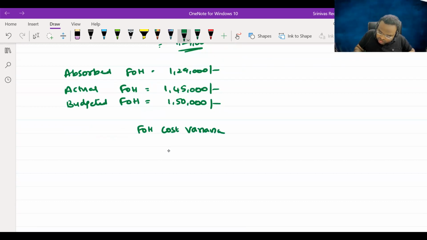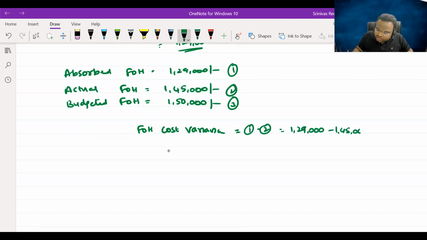Don't think about 1, 2, 3. Fixed overhead cost variance is the difference of absorbed fixed overhead, that is fixed overheads allowed for actual production, minus actual fixed overheads. 1 minus 2. 1,29,000 minus 1,45,000. So 16,000 adverse. I have recovered less, I paid more.